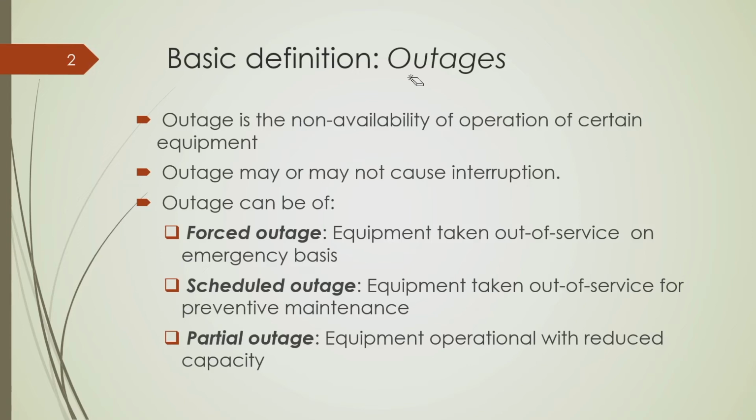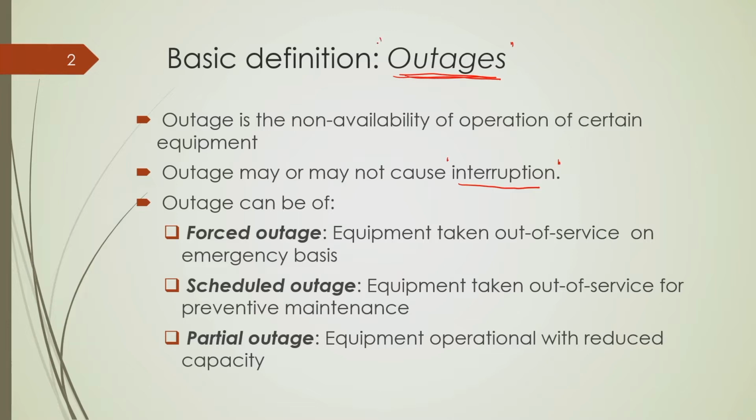First of all, one has to understand the difference between outages and interruptions. There are two terms we use in power systems or in distribution systems. One is outage of an equipment, another is interruption. Both terms have different meanings.